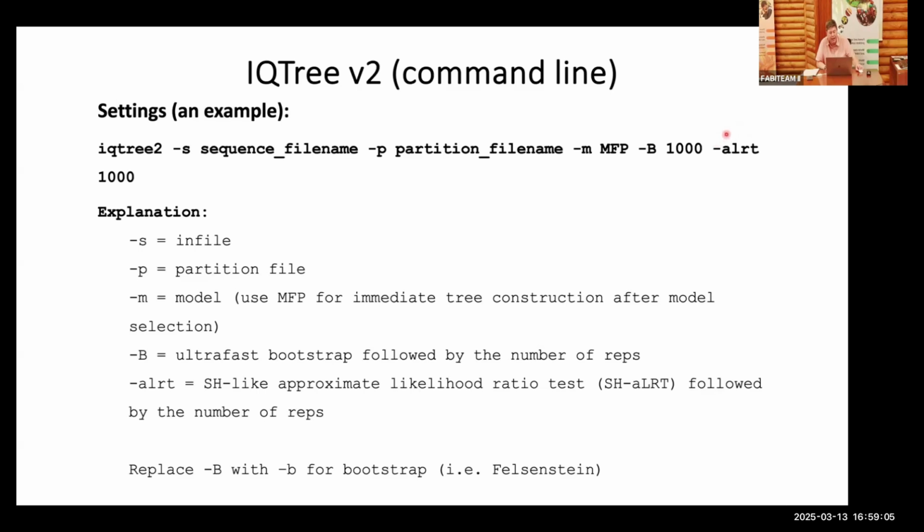So it's -alrt and the number of reps. If you want to do a proper bootstrap, you will change the uppercase B to a lowercase b, and then set the number of reps. For the purpose of this demonstration, I will use an ultrafast bootstrap analysis, but for publication purposes, and depending on the size of your data set, you will do a proper bootstrap.